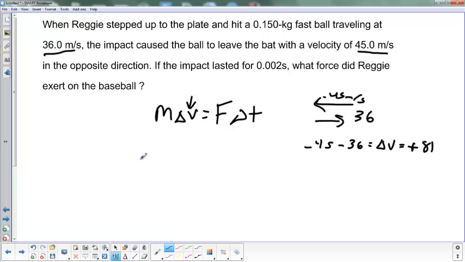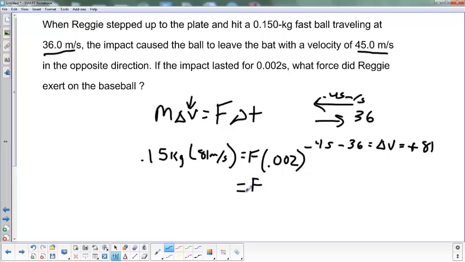Everything else is pretty plug and chug, so 0.15 kilograms times the change in velocity, which was 81 meters per second, equals the force, which we're solving for, times the time, which is 0.002. And if you can math, to quote Mr. Diamond, you even math, bro?